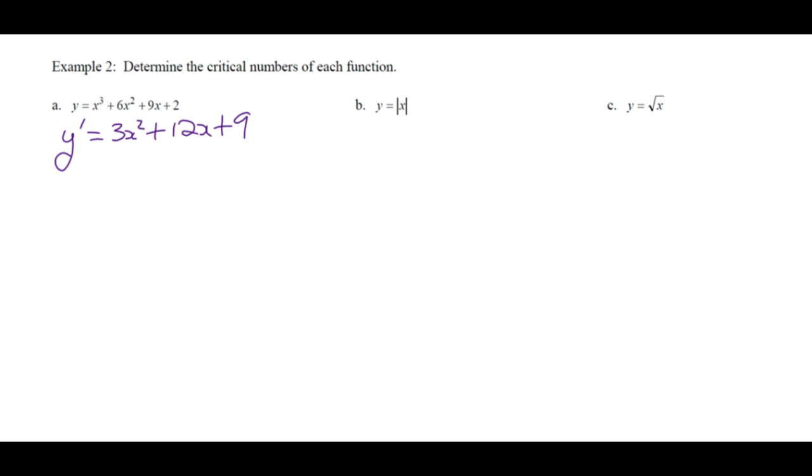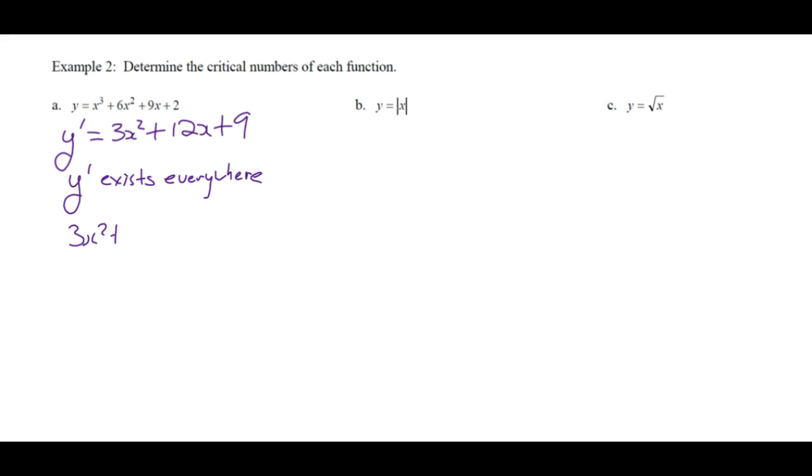So y prime exists everywhere. There are no critical numbers from it not existing, where you're trying to divide by 0 or get the square root of a negative. Y prime does exist everywhere.